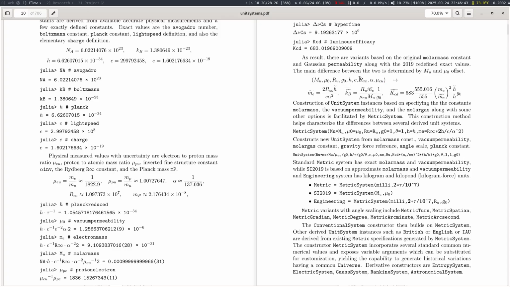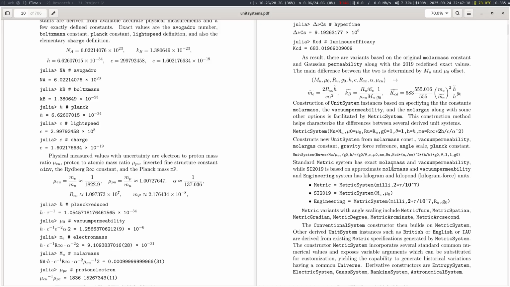So if we have a different measurement for the Rydberg constant or the fine structure constant, we can update the unit system by putting it in at this point, like this is the function where we plug in those numbers, what the measurement is. So this constructs a new unit system from the molar mass constant and so on.